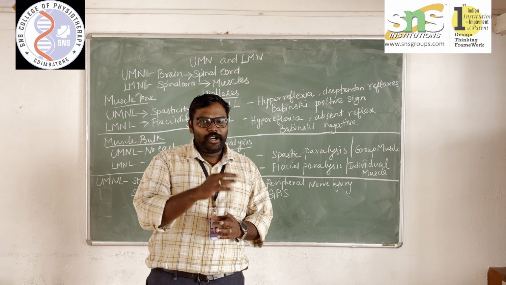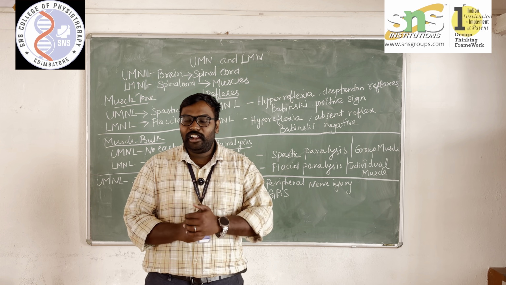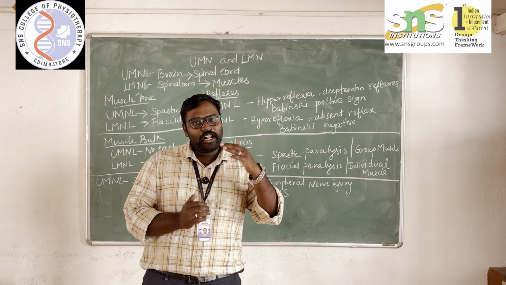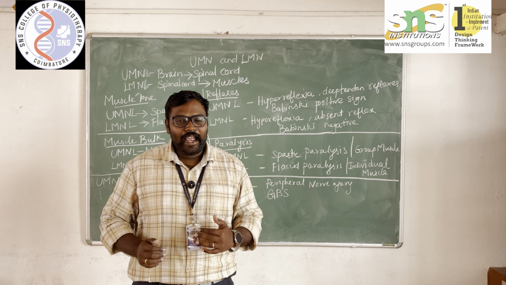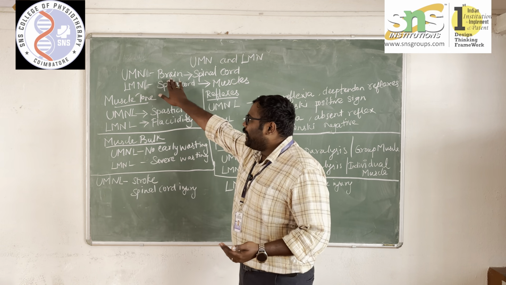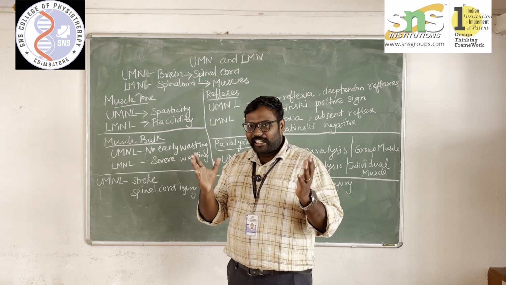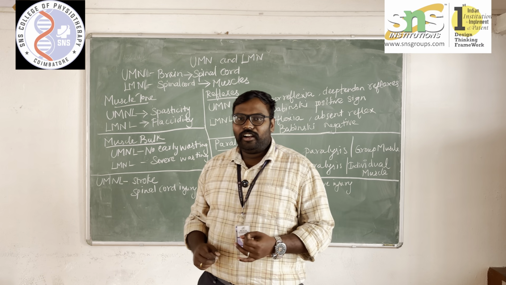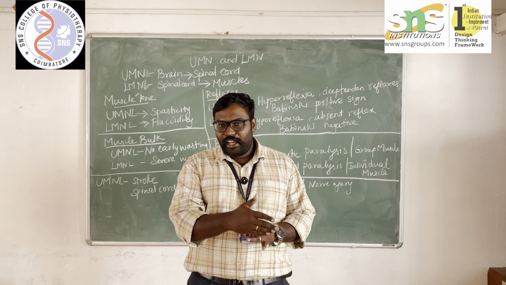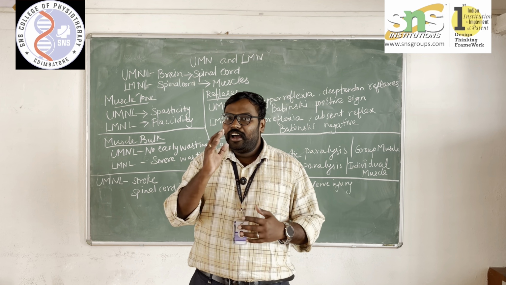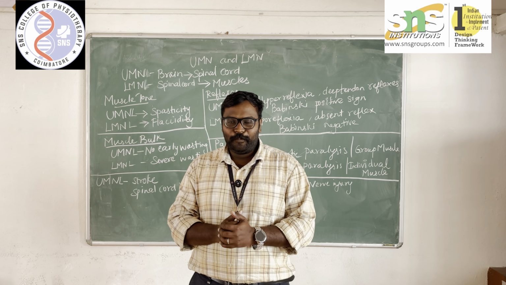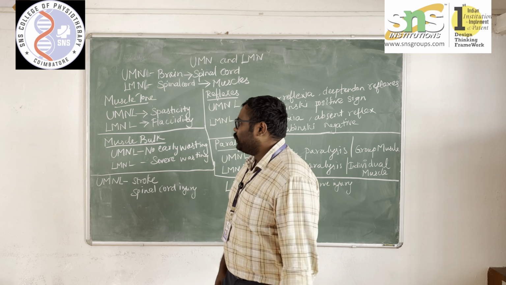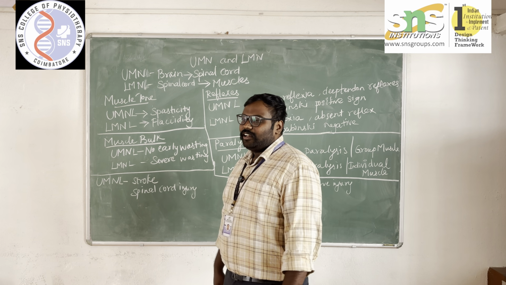Now, upper motor neuron lesion and lower motor neuron lesion. Actually, upper motor neuron lesion involves the brain to the spinal cord. If this area gets any type of disease or injury, it is referred to as upper motor neuron lesion. Now the lower motor neuron lesion goes from the spinal cord to the muscles.